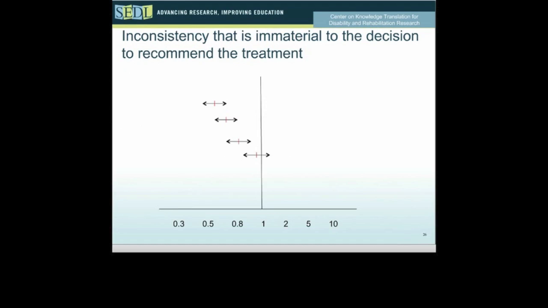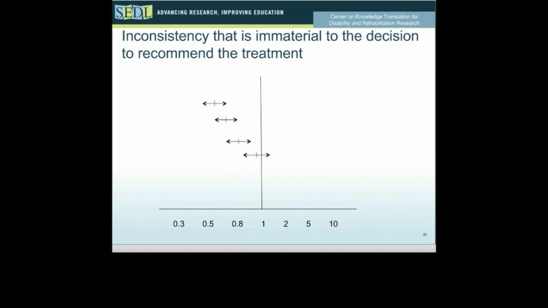So here's some examples. Here you have 4 studies. The red line indicates, say, the difference between the one study and its comparator in terms of relative risk. You see there is quite some spread in the relative risks, but all of them are on the good side of 1, and their confidence intervals overlap somewhat.